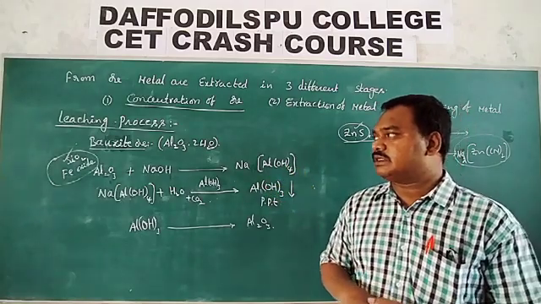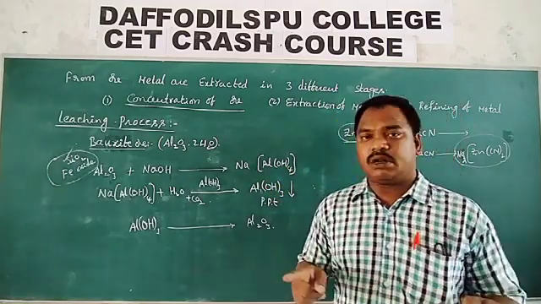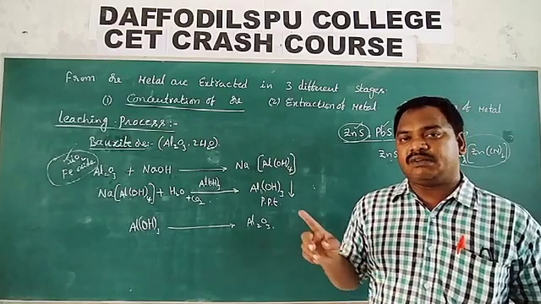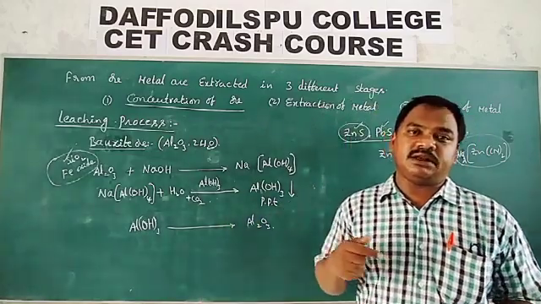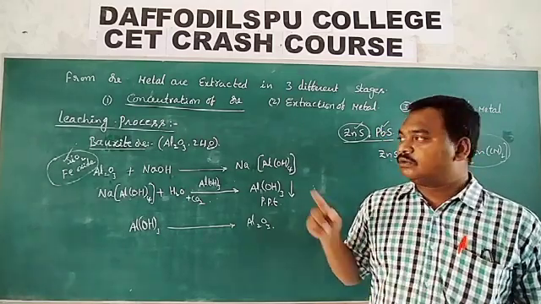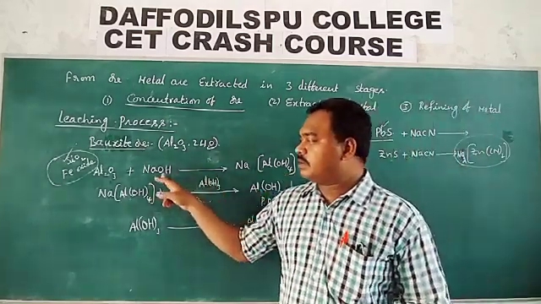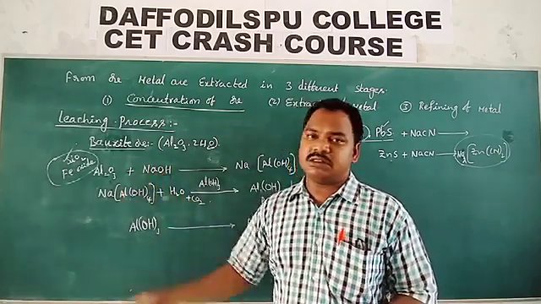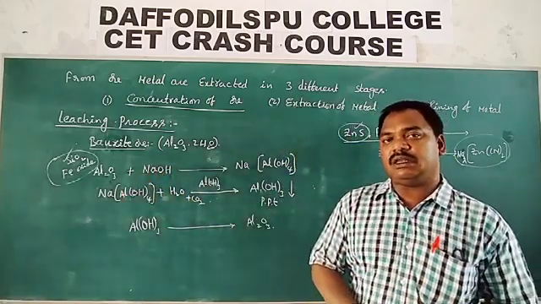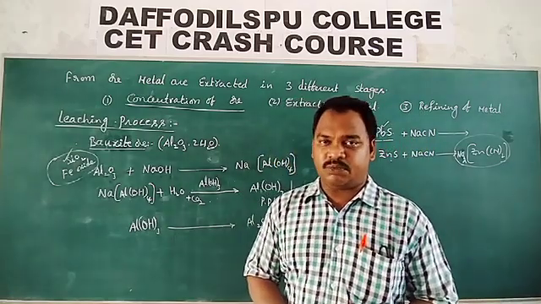Leaching is used when the ore contains one insoluble component and another soluble component. To the ore, a suitable compound is added. This compound dissolves only one of the components, leaving behind the other.